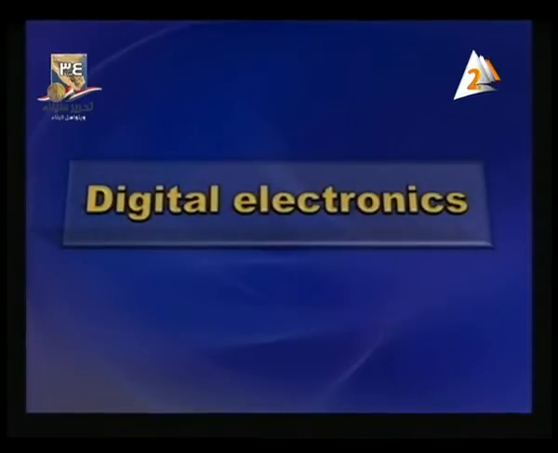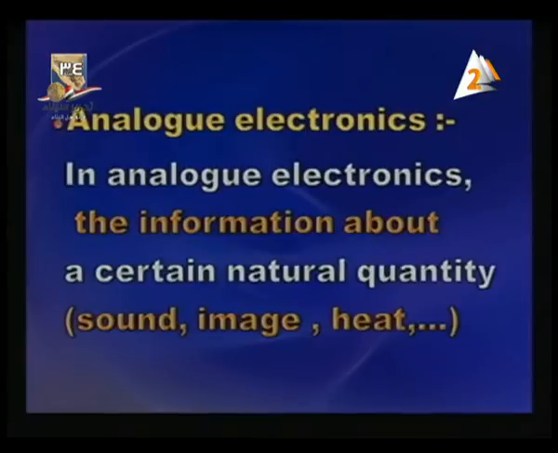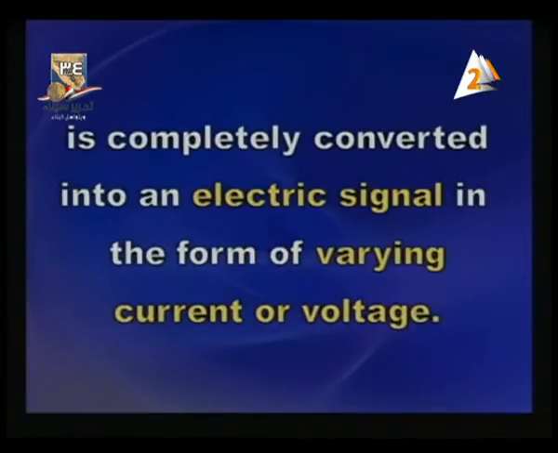And now talking about digital electronics. There are two types of electronics. Analog electronics: in analog electronics, the information about a certain natural quantity, such as sound, image, heat, is completely converted into an electric signal in the form of varying current or voltage.